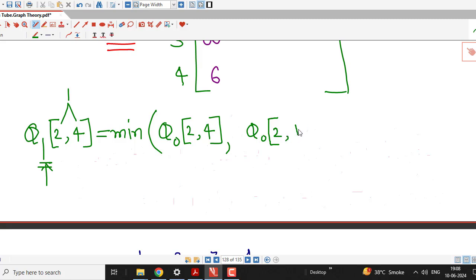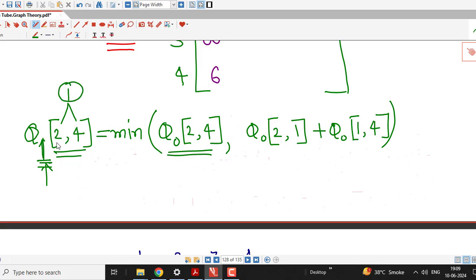So here I will write Q0 of 2, 1 plus Q0 of 1, 4. This is very easy to remember. Here I am writing the 2, 4th entry of Q1, therefore here I am writing the 2, 4th entry of Q0, and because I am writing 1, I will insert 1 between these 2 and 4. That is, first I will write Q0 of 2, 1 and then Q0 of 1, 4. And this you can write from Q0.